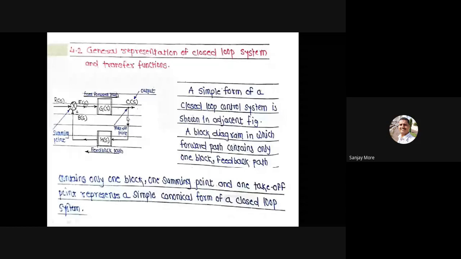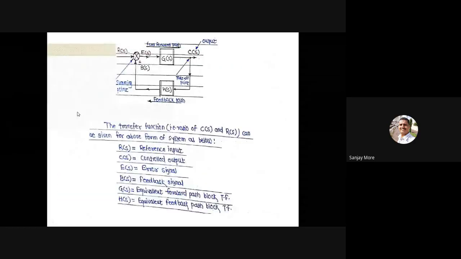Decision means if the water level decreases or increases, they can take a decision to start the pneumatic valve or stop it, and this feedback is attached to the error. Also here R(S) means reference point, C(S) means control output, E(S) means error signal, B(S) means feedback signal, G(S) means equivalent forward path block transfer function, H(S) means equivalent feedback path block transfer function.